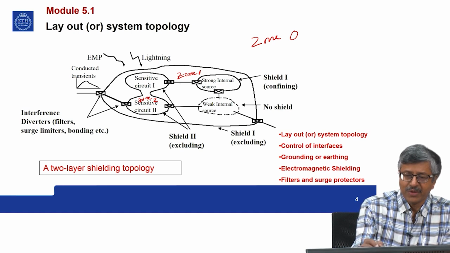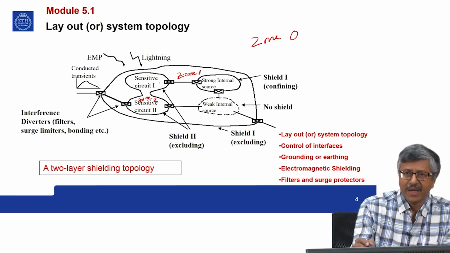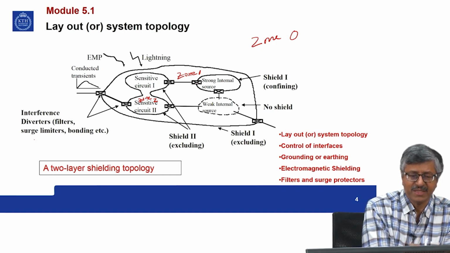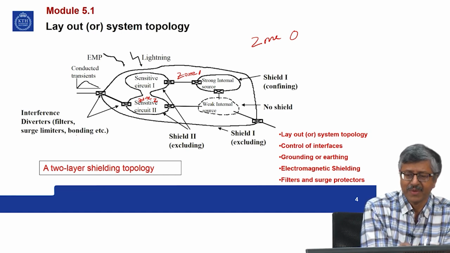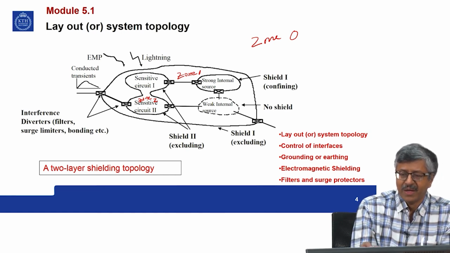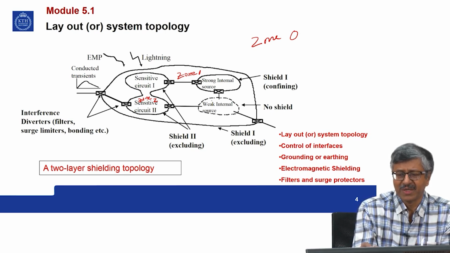So you mark all these boundaries, and you can control these boundaries by interference diverters like filters, surge limiters and bonding, the details of which we will see later. Now there may be a weak internal source that may not disturb anything else. So perhaps you may not have to do too much action around it.